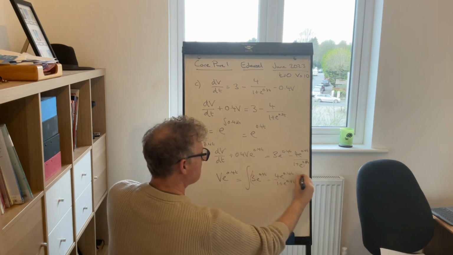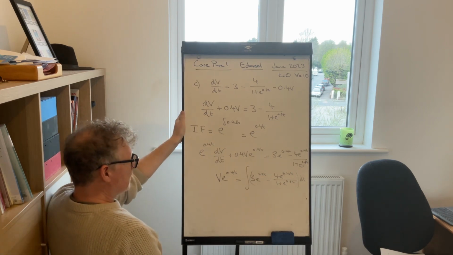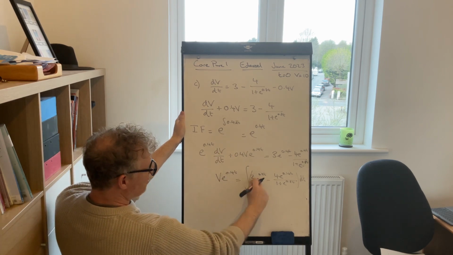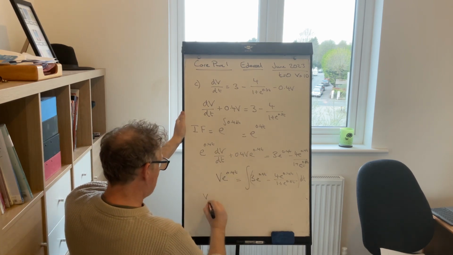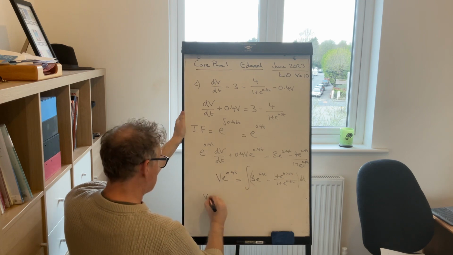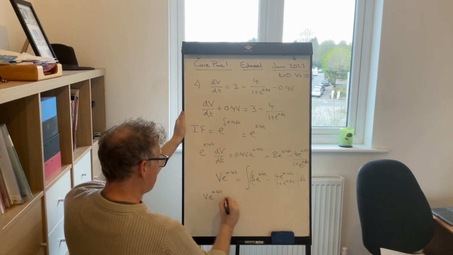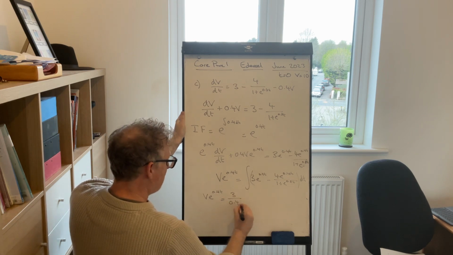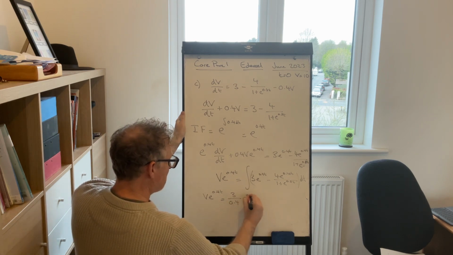So all that with respect to t. First term, easy integral, because it's just integrating e to the 0.4t times by 3 obviously, but we're going to get, if you want, just write as 3 divided by 0.4, e to the 0.4t, we'll tidy that up in a second.